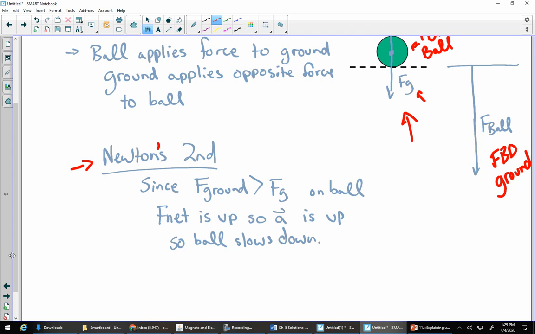It was moving fast downwards, and at minimum, it would slow down to 0. Right? It's not a very bouncy ball. It might just hit the ground and stop. If it's a good bouncy ball, it might continue accelerating until it's moving upwards. So Newton's second law. So that's the lesson.